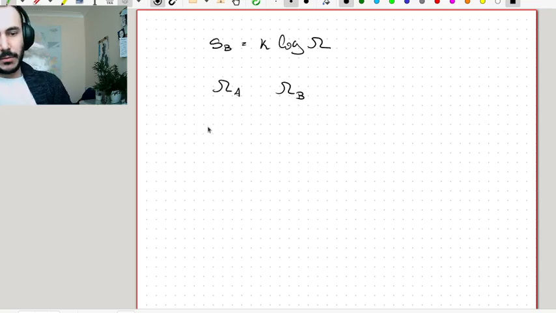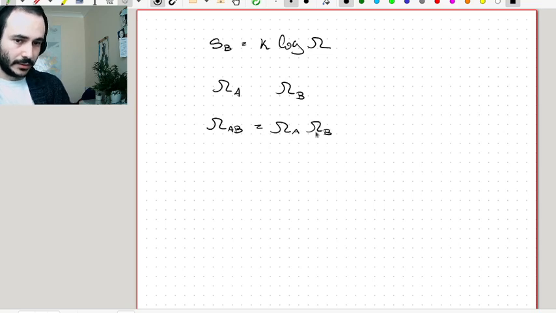When you combine the two systems, the statistical weight of the combination is nothing but the product, of course, of the statistical weights. Okay? For every single configuration of subsystem A, you have to consider all the possible arrangements within system B as different microstates, because they are. So this is the combined statistical weight.